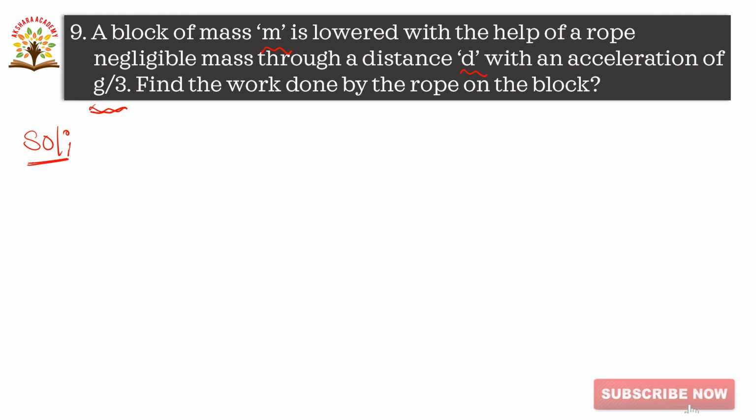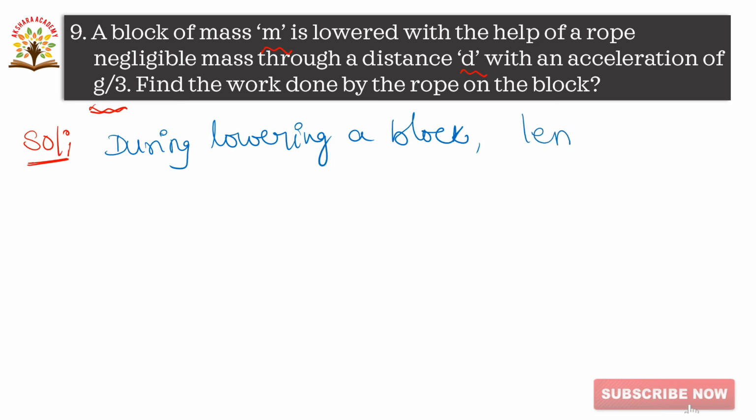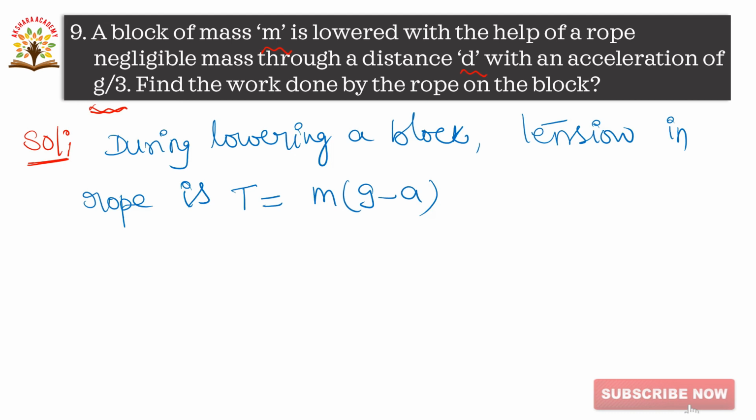Given here, during lowering a block, the tension in the rope is T equal to m of g minus a, and s is equal to d.